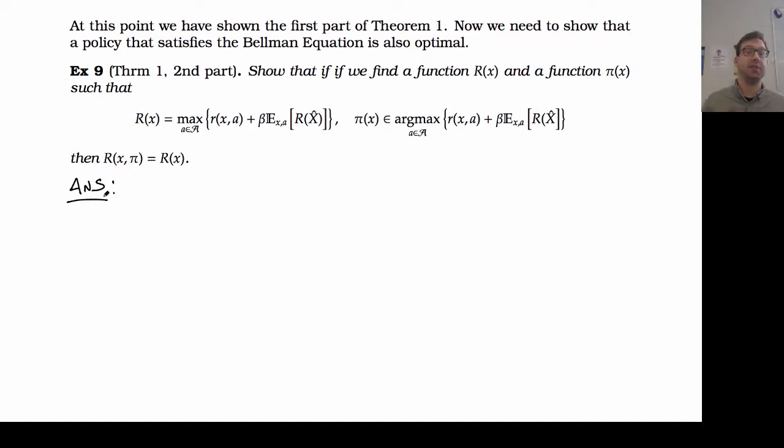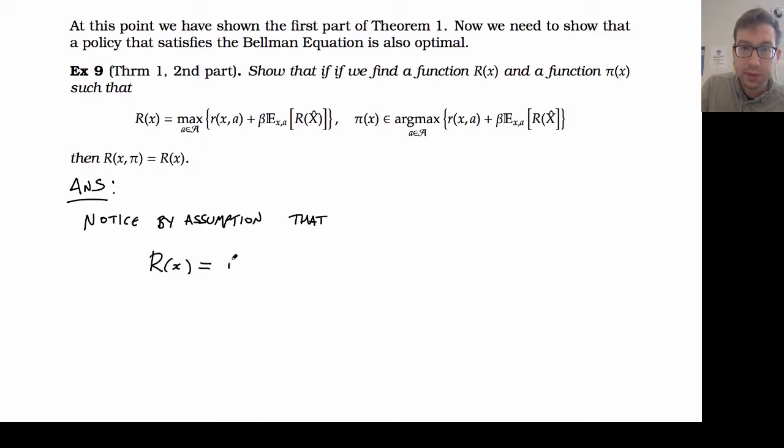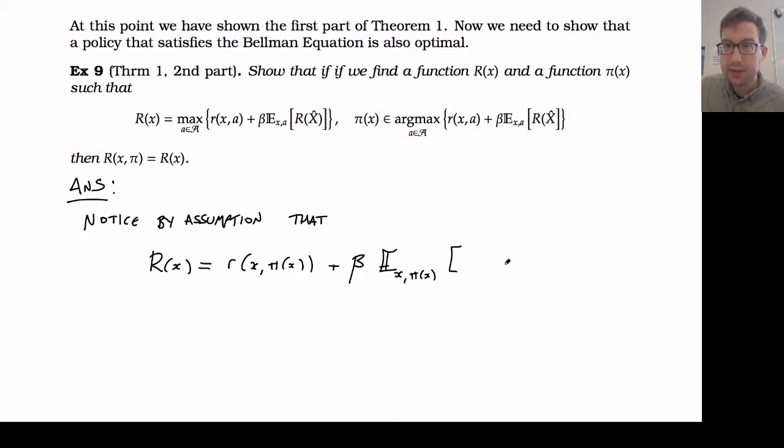When we discussed potential theory for Markov chains, that was in part so we could use these kind of arguments. So notice, by assumption, that r of x is equal to r_x of pi of x, plus beta E_x pi of x of r of x hat.